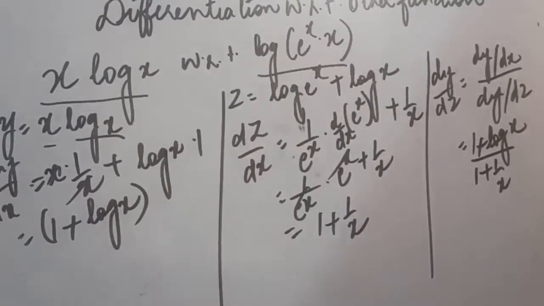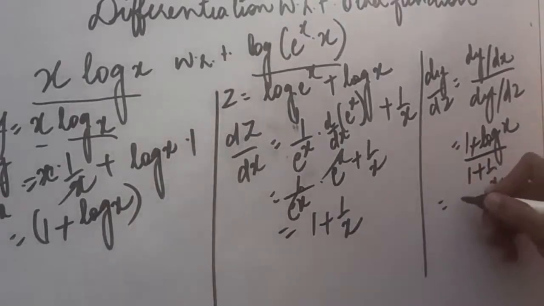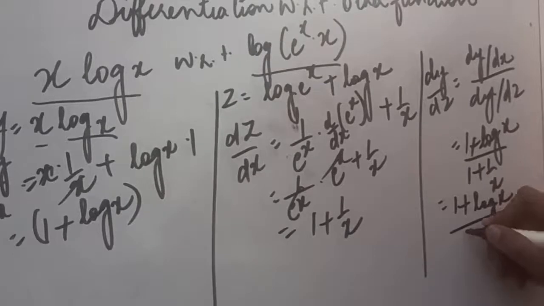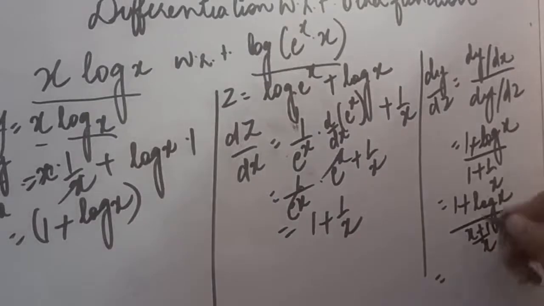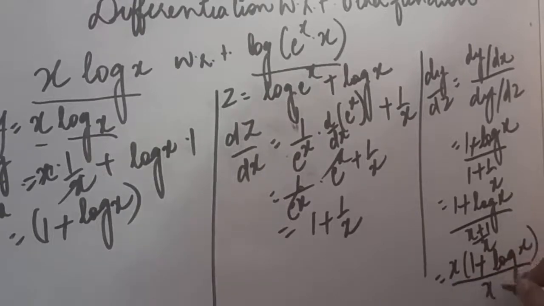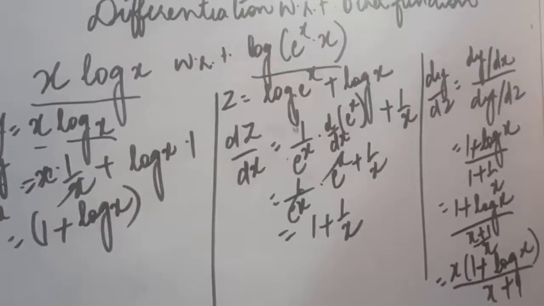So we can solve it further also. So now here below we can take the LCM. So the numerator will be same, and below when you take the LCM it will be x plus 1 by x. Now you can make this x go up, because when it is multiplied with the opposite, it will be x into 1 plus log x in the bracket, divided by x plus 1. So this will be your final answer.